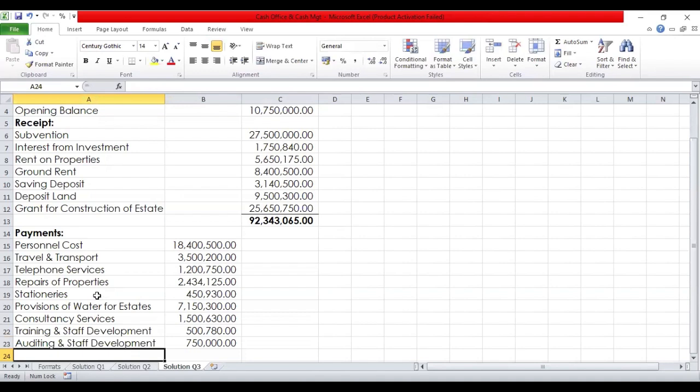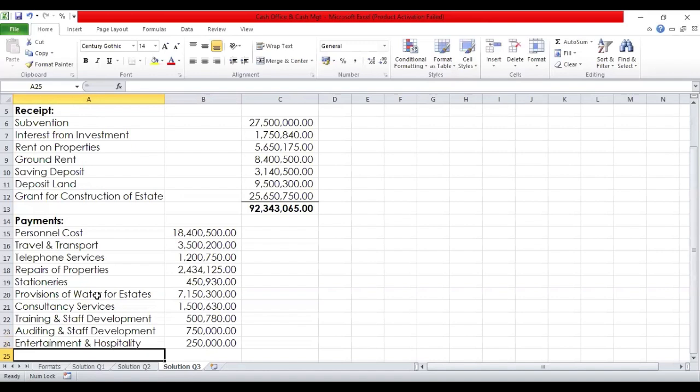Entertainment and hospitality. How much? 250,000. What else again?